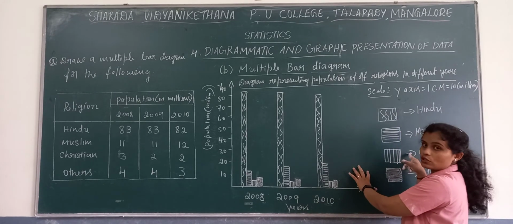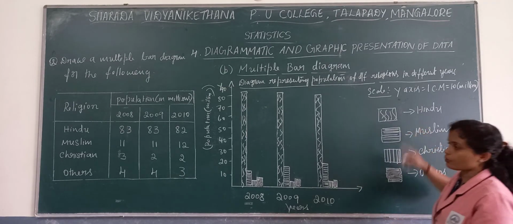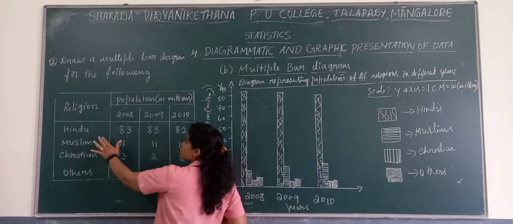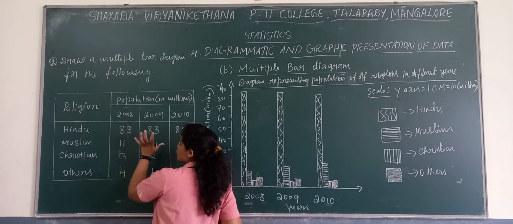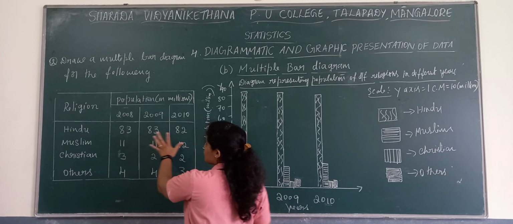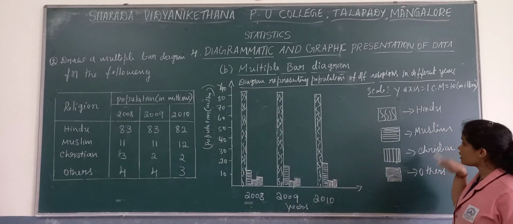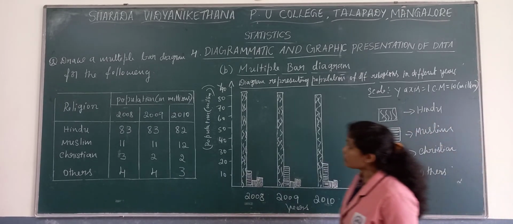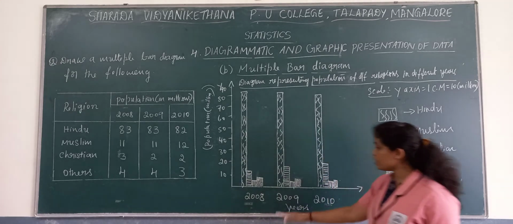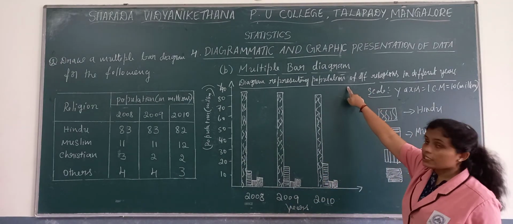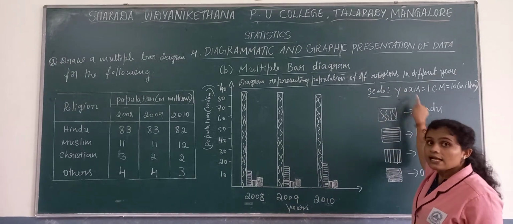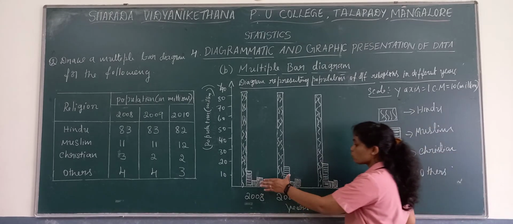Then different years we need to represent, 2008, 2009, that also we can do. Nothing wrong. Their population in million. And don't forget to give the table heading and the scale, then the index, and we have to shade here.